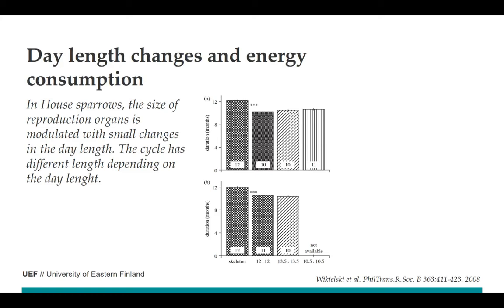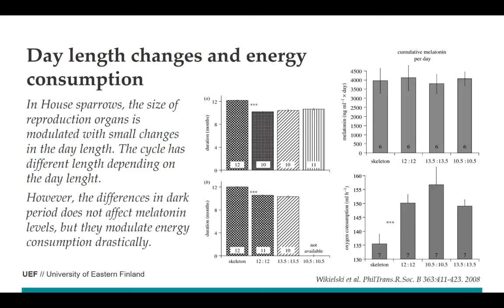So it's not anymore a 12-month rhythm; it's now a 10-month rhythm. But it's not happening at the same time as melatonin changing; actually there's a drastic change in the oxygen consumption. The oxygen consumption is much higher when you are changing the photoperiod.